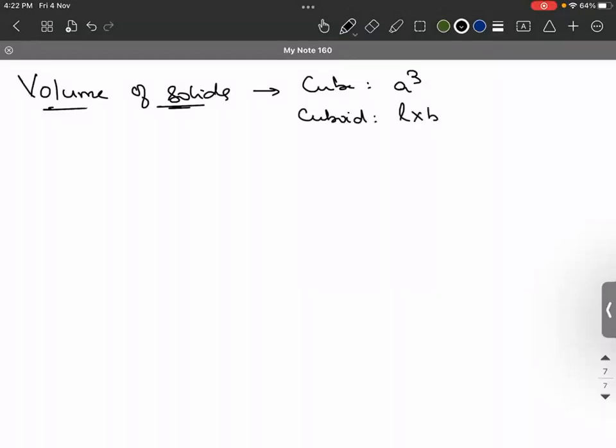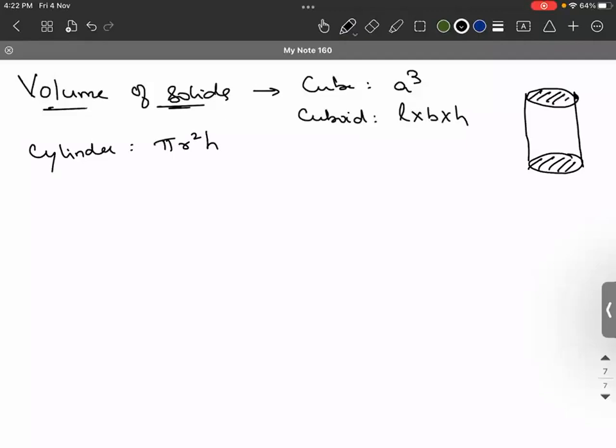Length into breadth into height, L into B into H. For a cylinder, it's pi r square h. How do you actually get the volume? Volume is the base area multiplied with the height, or you can use the word thickness. Both mean the same. So volume is base area into thickness.